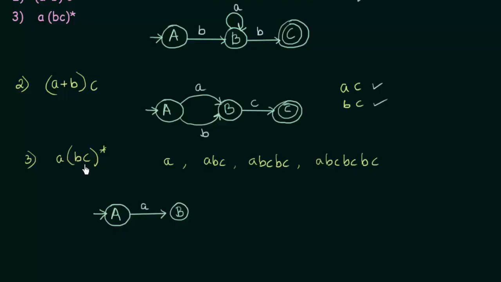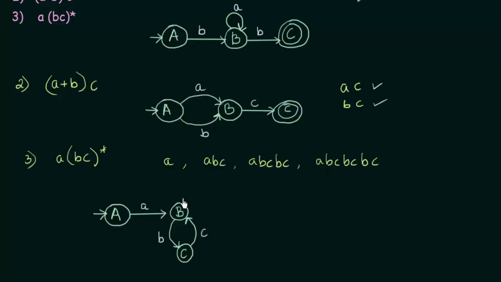So in order to make the closure of BC, I will make another state here which I will call state C, and I will say that from state B it will go to C on getting input small b, and from C it will go back to state B on getting input small c.